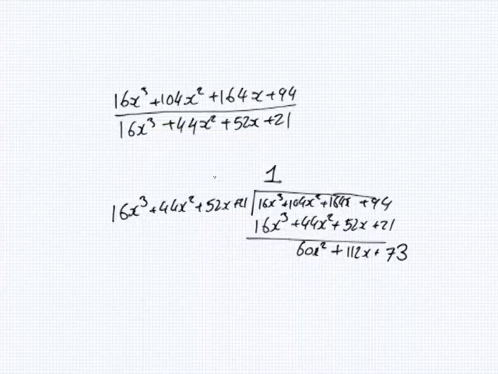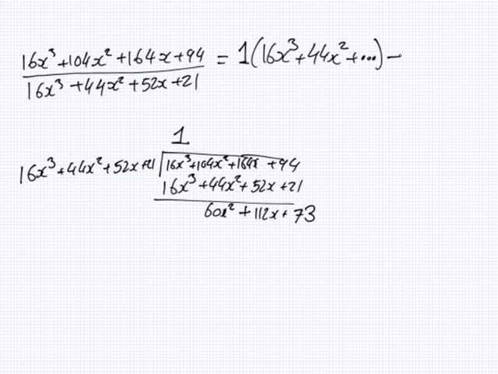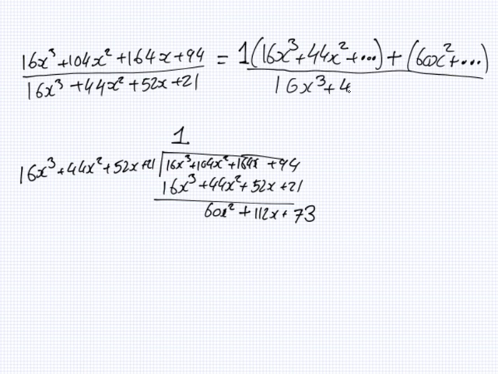Okay. So, this is equal to 1 times 16x cubed plus 44x squared, and just to save effort, I'll just write plus dot dot dot. And then what's the remainder? 60x squared plus dot dot dot, all over 16x cubed plus 44x squared plus dot dot dot.